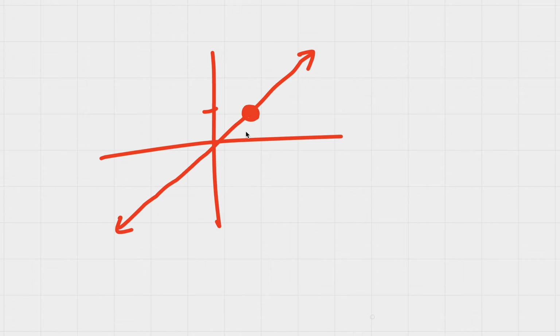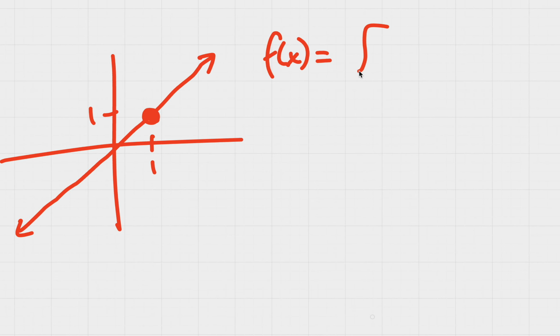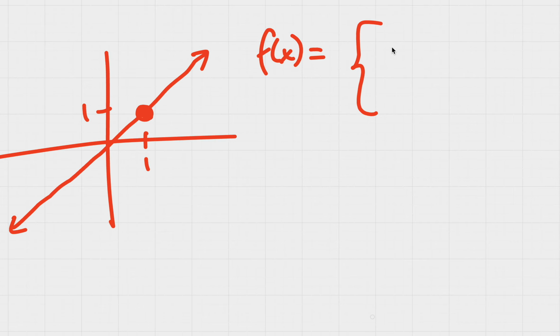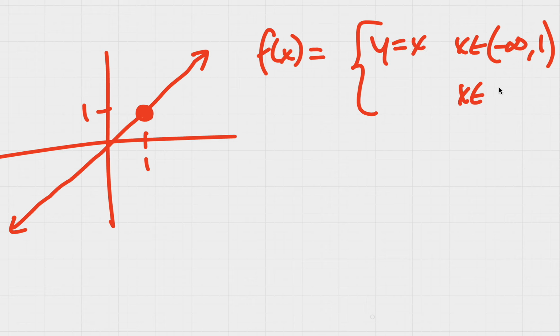So if I wanted to make this point missing for whatever reason, I could define this whole function as a compound function, like this, where from negative infinity to exactly the point 1, it is y equals x. And from 1 to infinity, it is also y equals x.